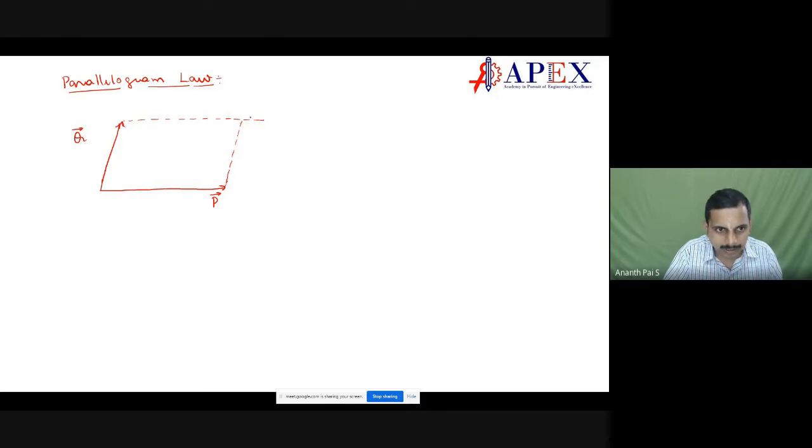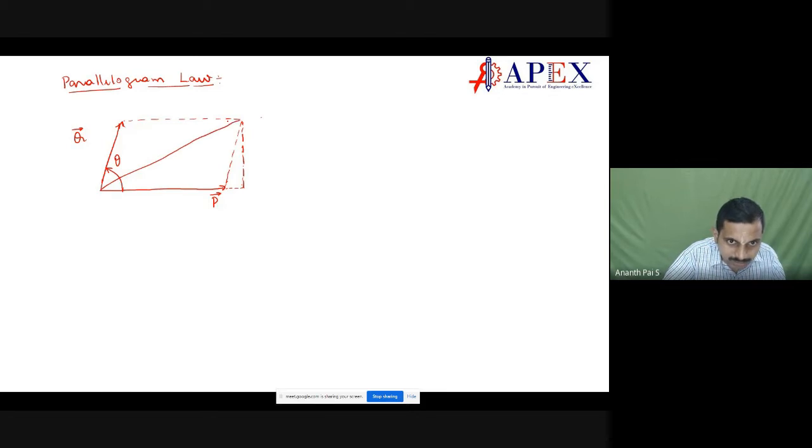Now let us drop down a perpendicular over here, like this. Correct. And let us say the angle between P and Q is theta.